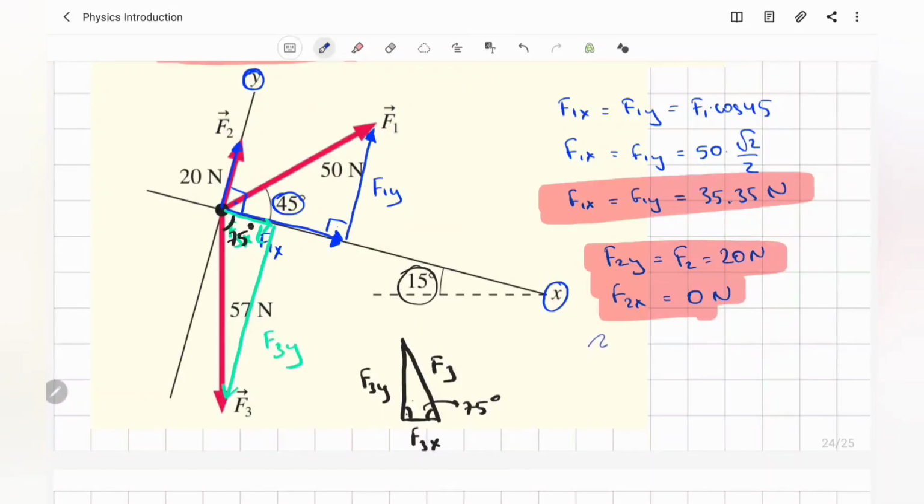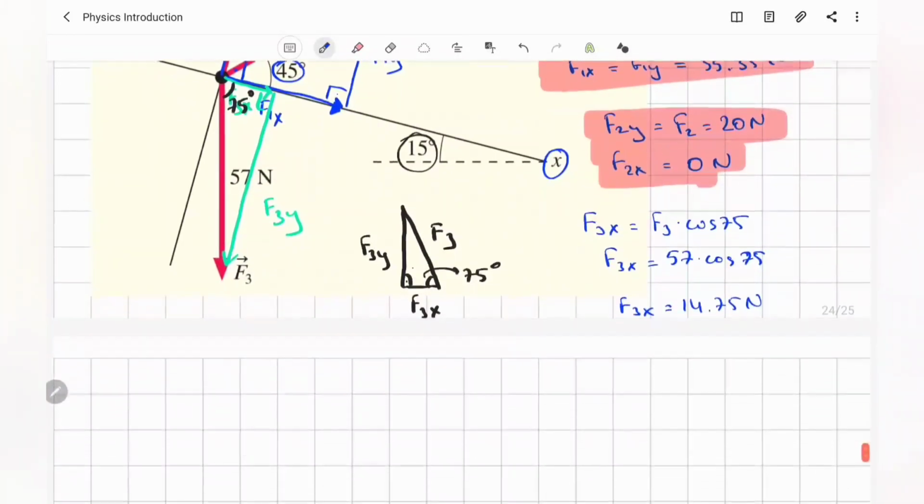The x component equals F3 times cosine 75, which is 57 times cosine 75, and it will give us 14.75 newtons.